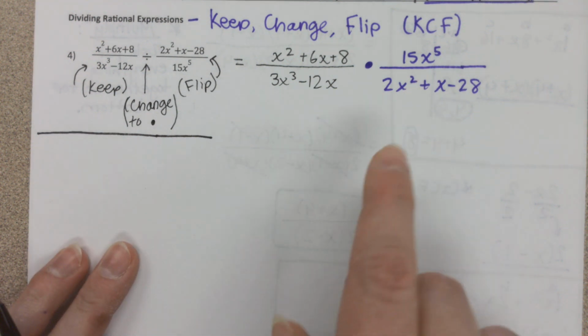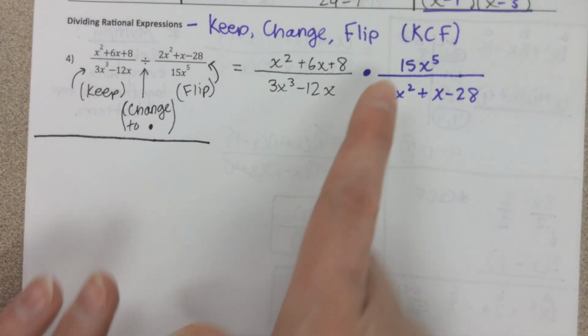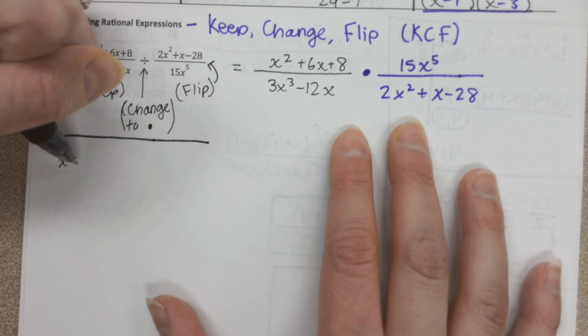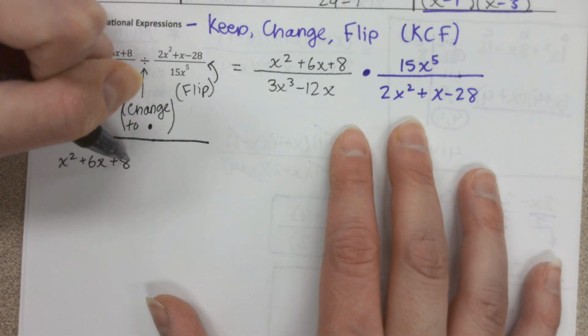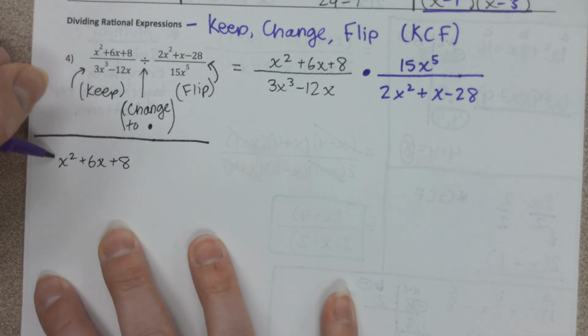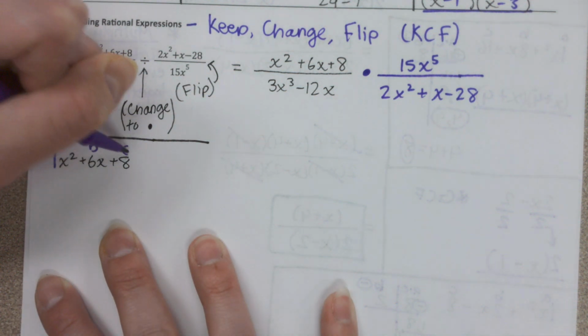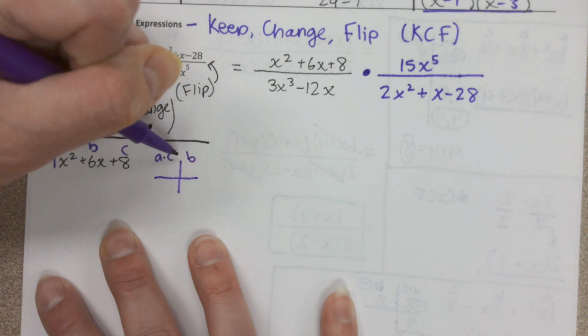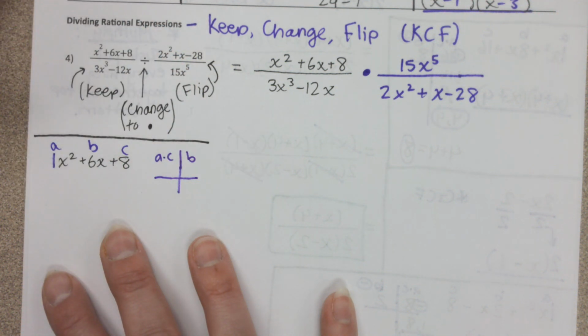Now we're going to go through and factor. First problem, x squared plus 6x plus 8. No GCF here. The first number is 1, A, B, C. Make our ACB charts. A times C on the left, B on the right. A times C is 8, and it's positive.